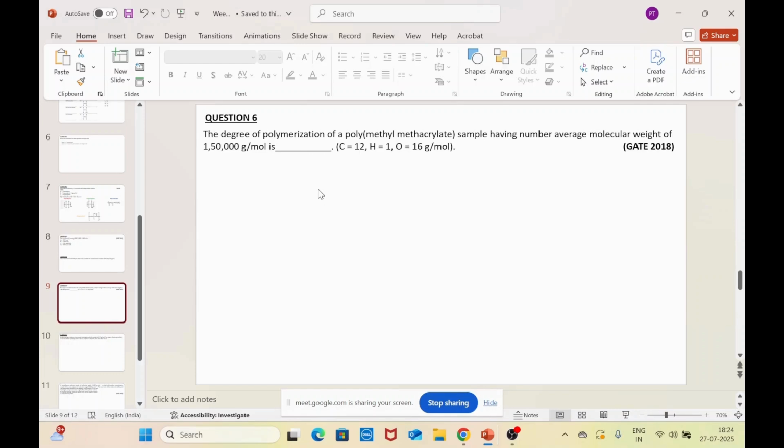So if you are finding it difficult to get the methyl methacrylate unit's molar mass, you are always welcome to check the structure on the internet if it is okay with you.